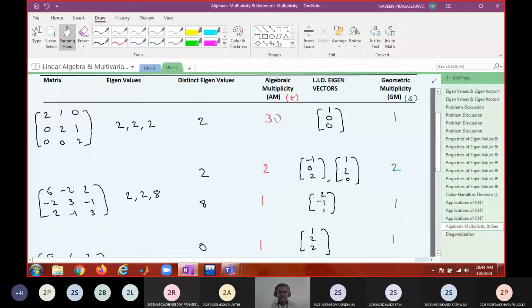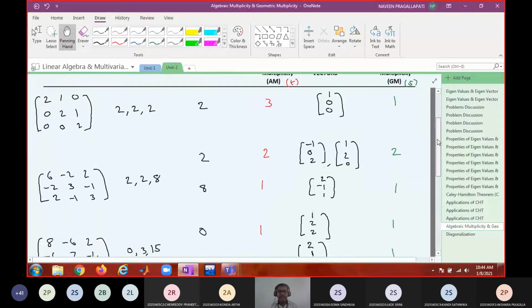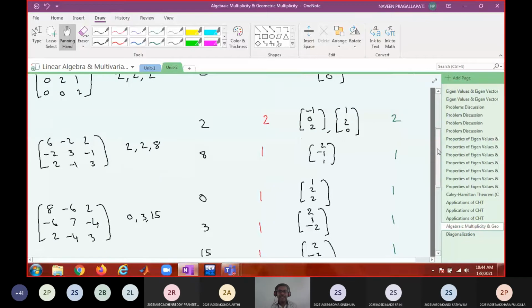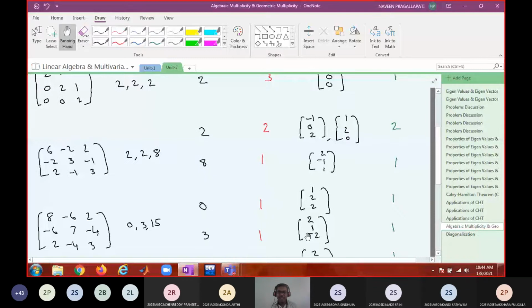By observing the algebraic and geometric multiplicities, can you find any relation? In the first case, which one is bigger, algebraic or geometric? Algebraic. Here, both are equal. Here also, both are equal, right?